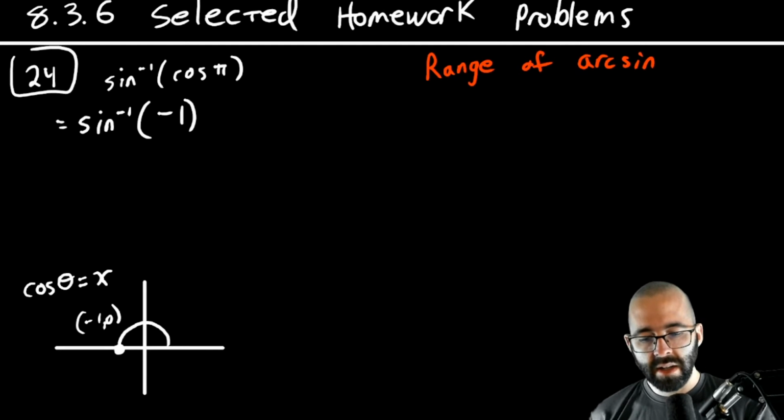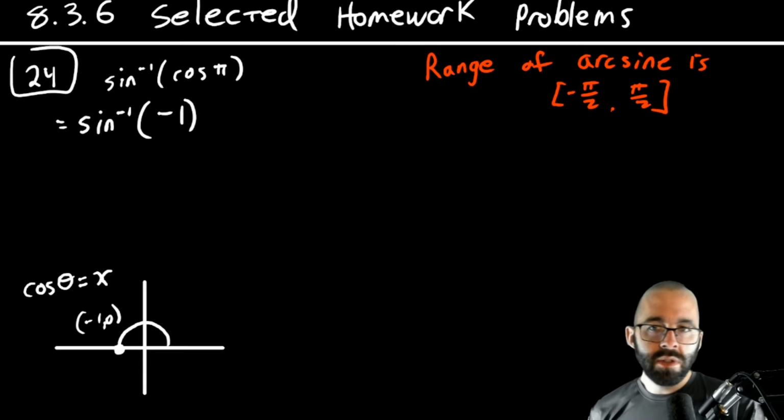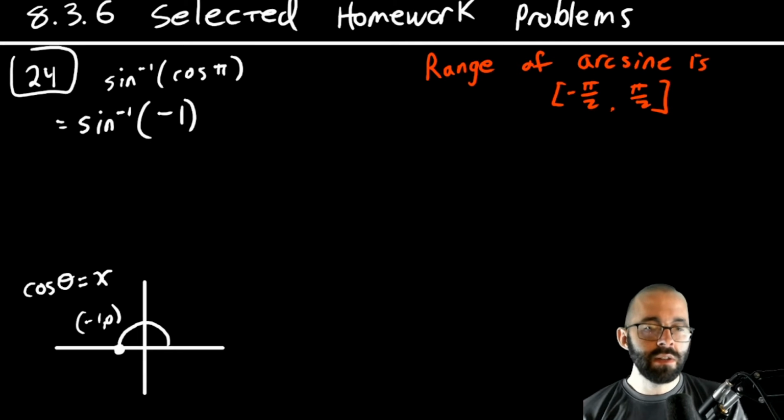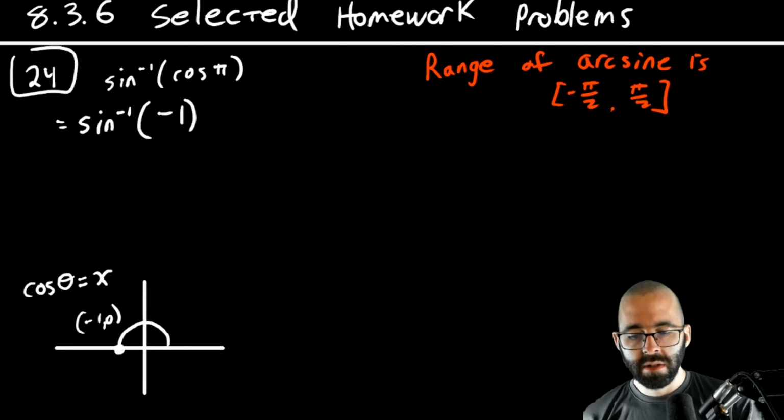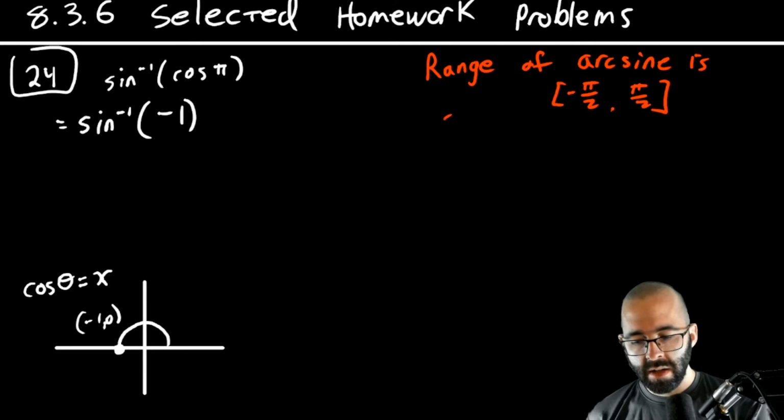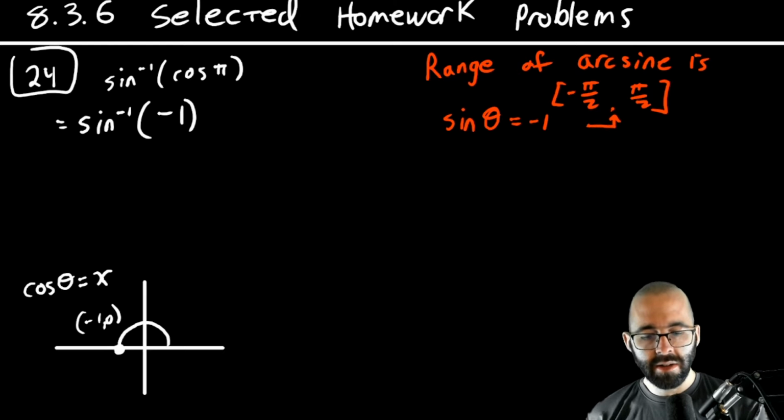The range of arcsine is -pi/2 to +pi/2. And what we have to do is say, okay, what angle is going to give us a ratio of -1? Sine of what angle is going to give us a ratio of -1 in this interval?